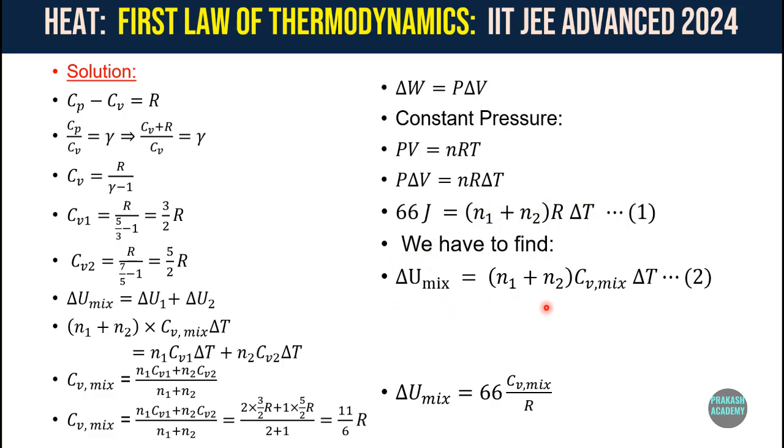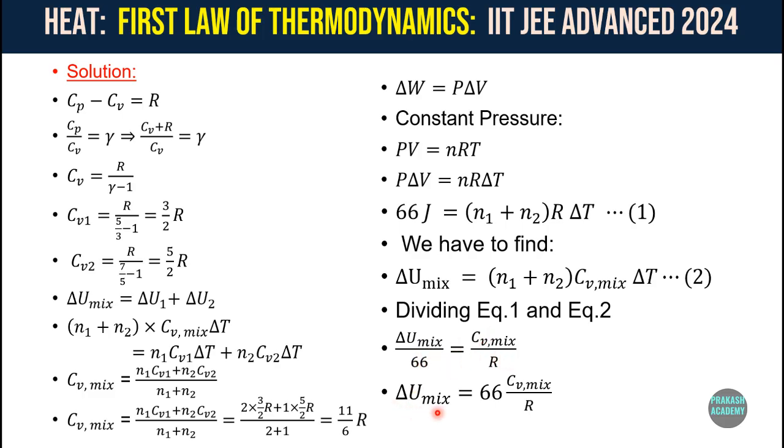The delta U of the mixture is n1 plus n2 times Cv mixture times delta T. If I divide these two equations, delta T cancels, n1 plus n2 also cancels, and I get delta U mixture divided by 66 equals Cv mixture divided by R. So delta U mixture equals 66 times Cv mixture divided by R.